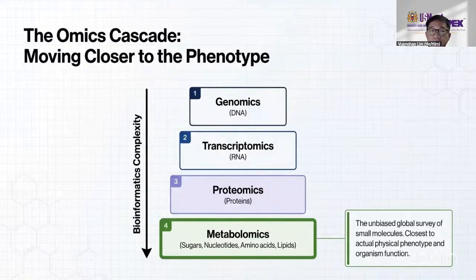So what exactly is metabolomics in plants? It is a comprehensive analysis of all the small molecules present in a biological system. These small molecules are considered the final products of cellular processes, meaning they provide the closest representation of the actual physiological state of an organism. It also bridges the gap between the genotype and the phenotype.